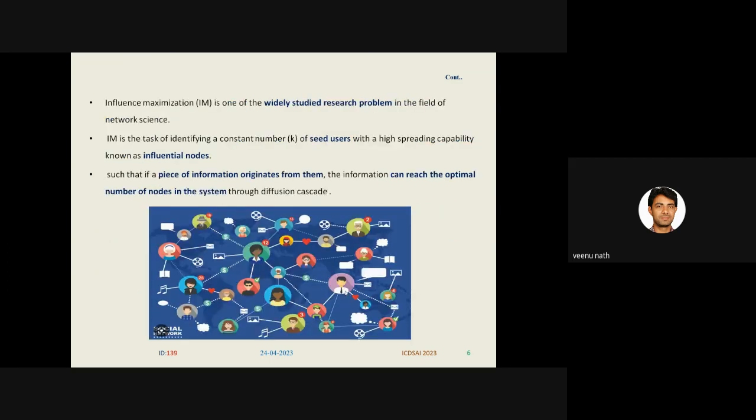This is an overview of social influence. My problem is influence maximization. Influence maximization is one of the widely studied research problems in the field of network science. Influence maximization is the task of identifying a constant number of seed users.